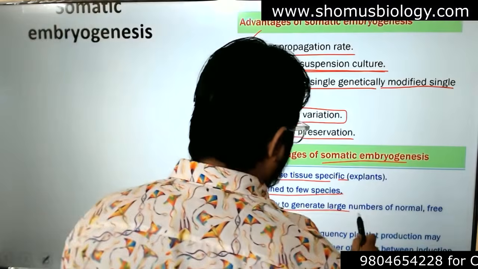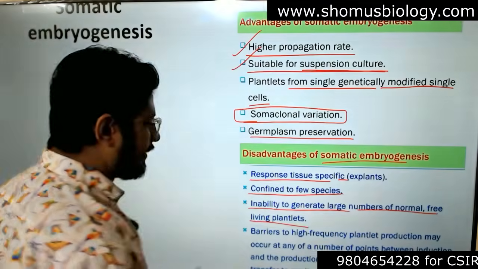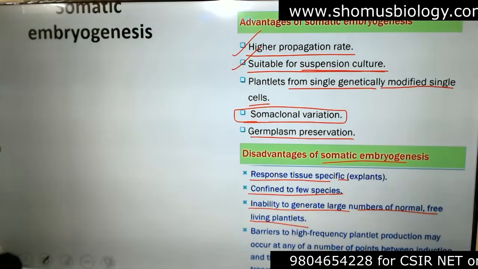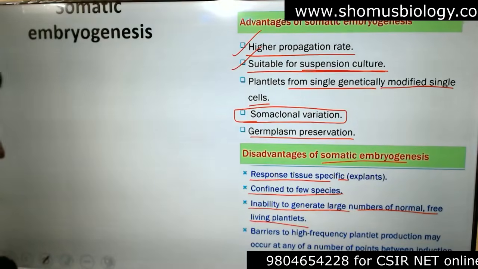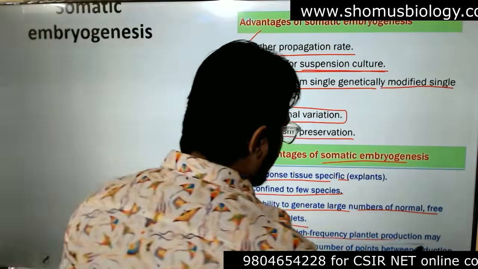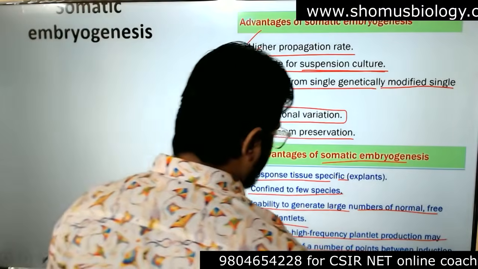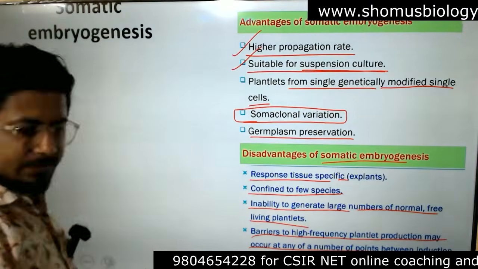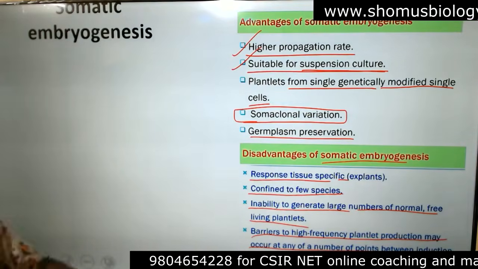There is an inability to generate large numbers of normal free-living plantlets. And barriers to high-frequency plantlet production may occur at any number of points between induction and production of plantlets capable of surviving and transferring to the ex vivo condition.